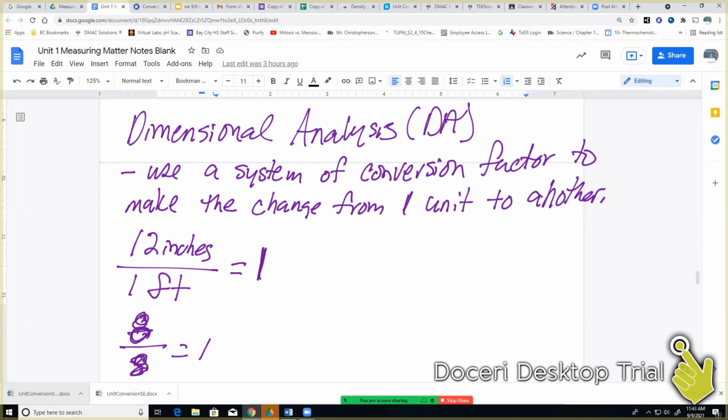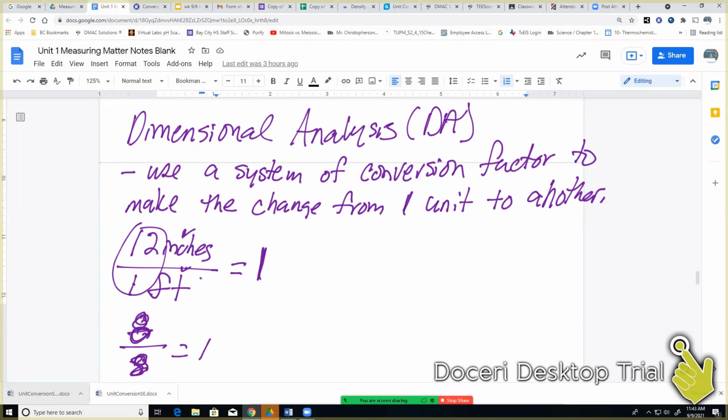It looks different because they're in different units, so the numbers aren't the same. But the fact that they are in different units, that's what makes them equal to 1. And that's the conversion factor, when you have some number with a unit over another number with a unit and they're equal to 1.